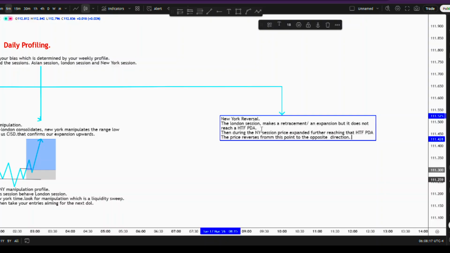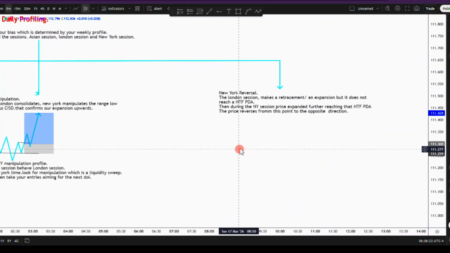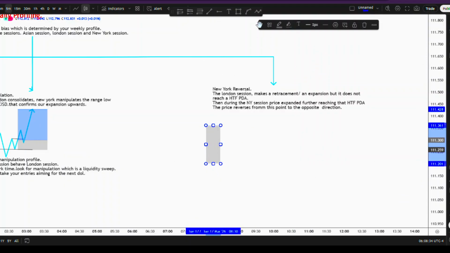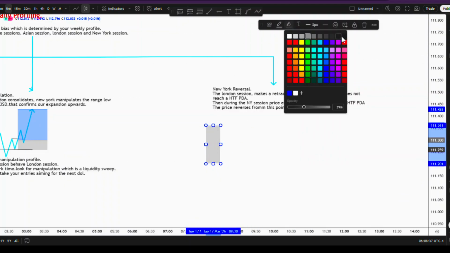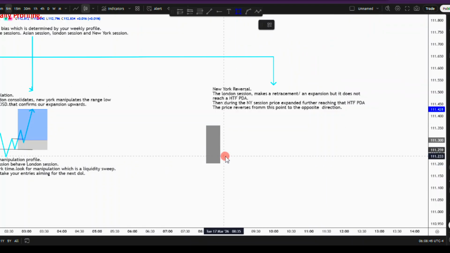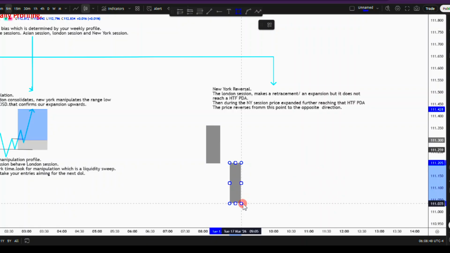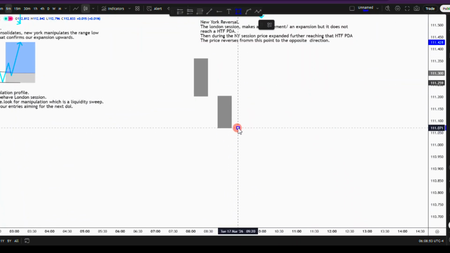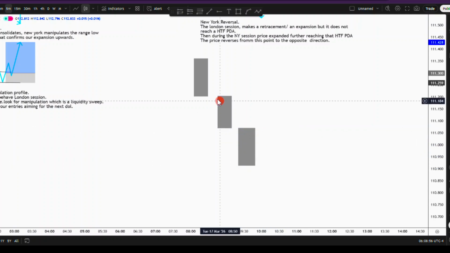For example, let me just draw this for better understanding. In case of a bearish setup, let's say this is in a daily setup.